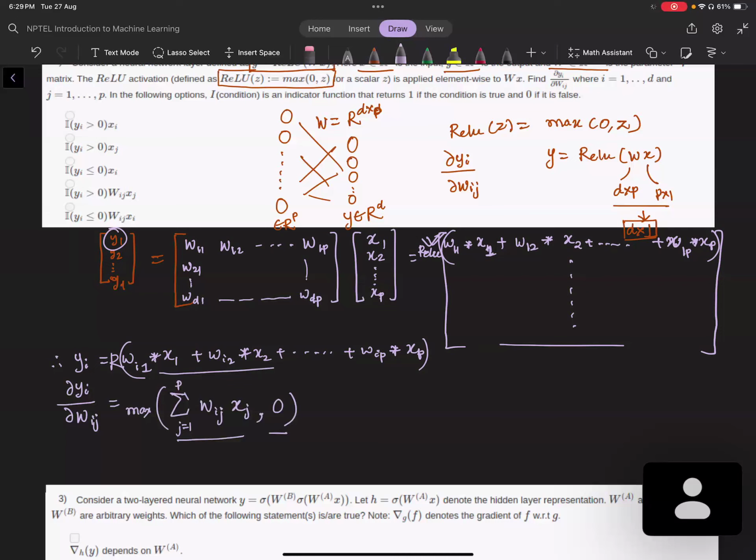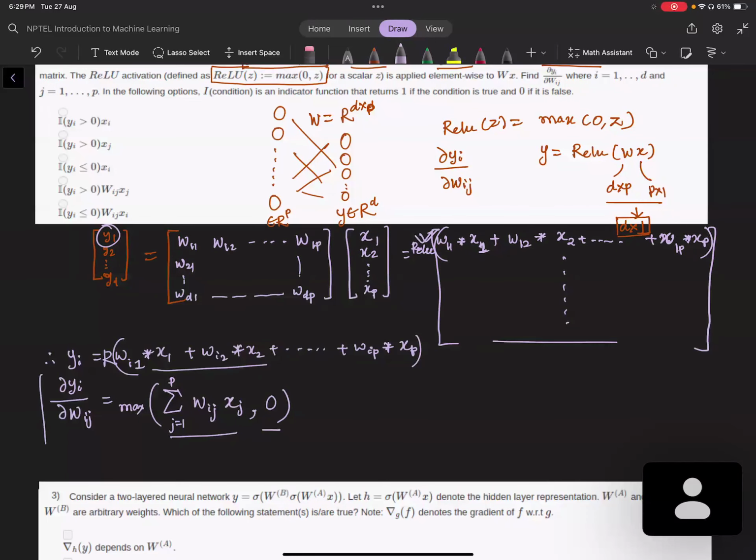So this is our entire thing that we're trying to solve. Then summation of j equals 1 to p, w_ij x_j, these are the terms of interest, right?